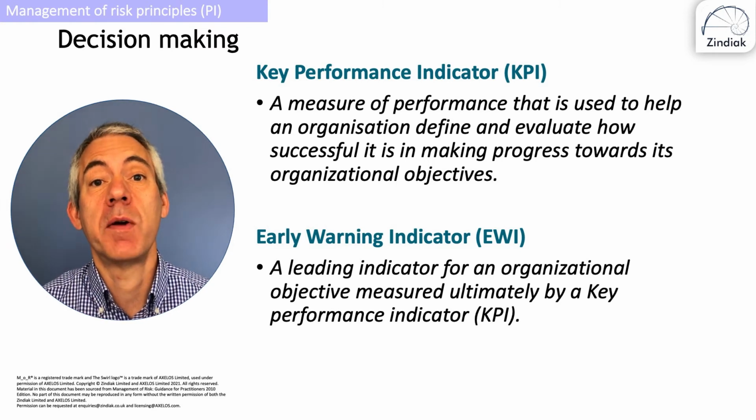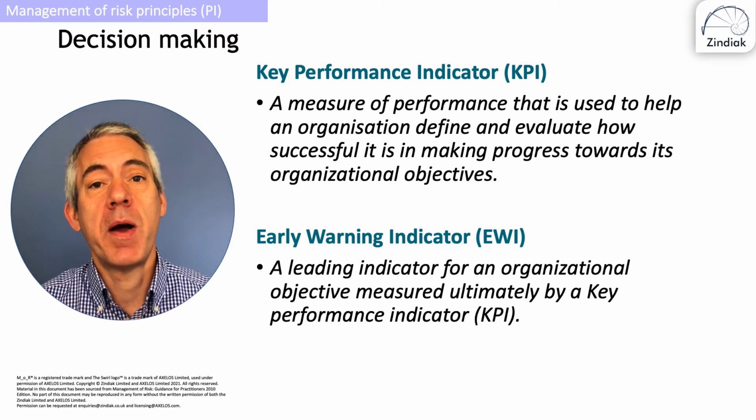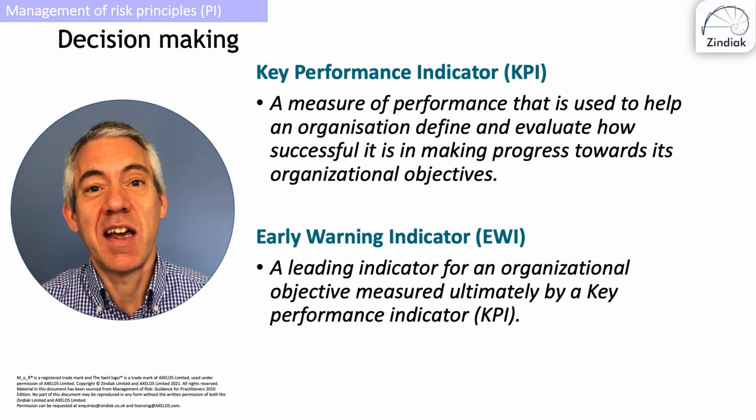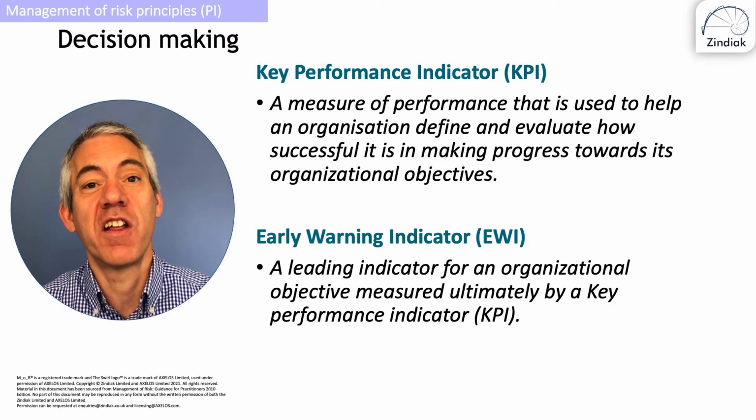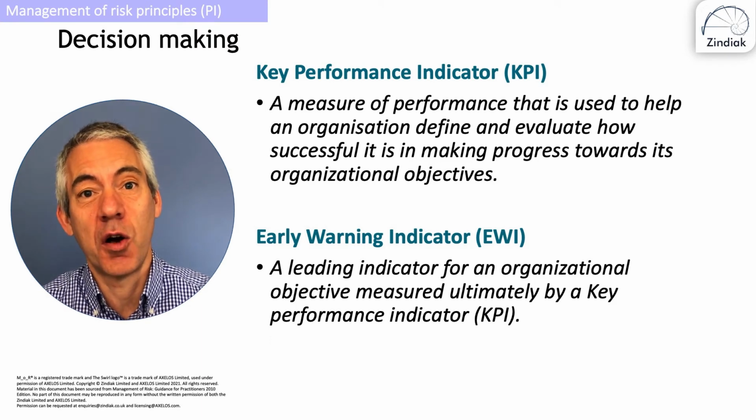So right now we're in the middle of a pandemic. There are many governments around the world taking action to try and minimize the negative effects of the pandemic. The actual objective is to prevent death, to prevent the loss of life. That's the actual objective.